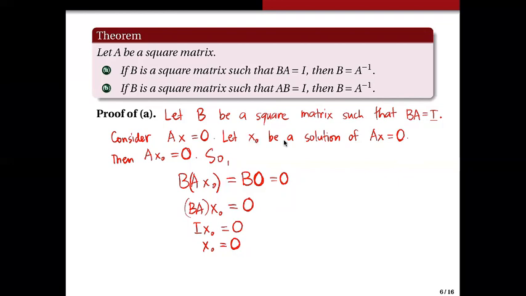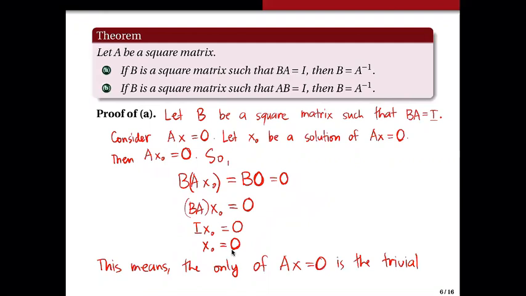So the only solution of the homogeneous system Ax equals 0 is the trivial solution. Follow so far?